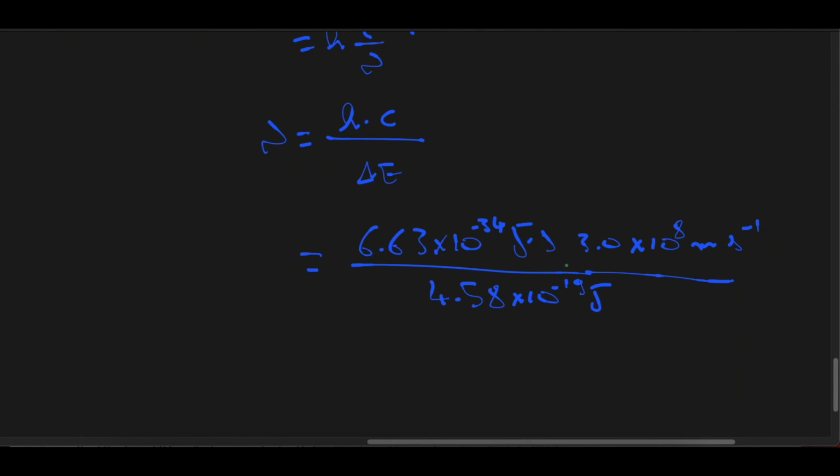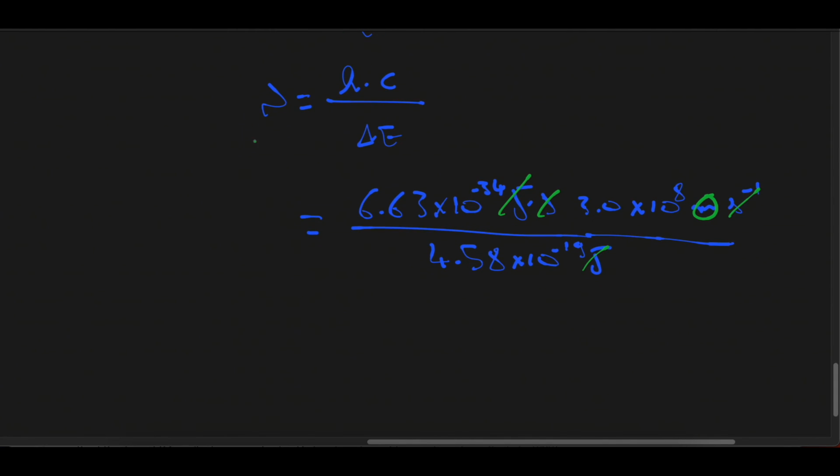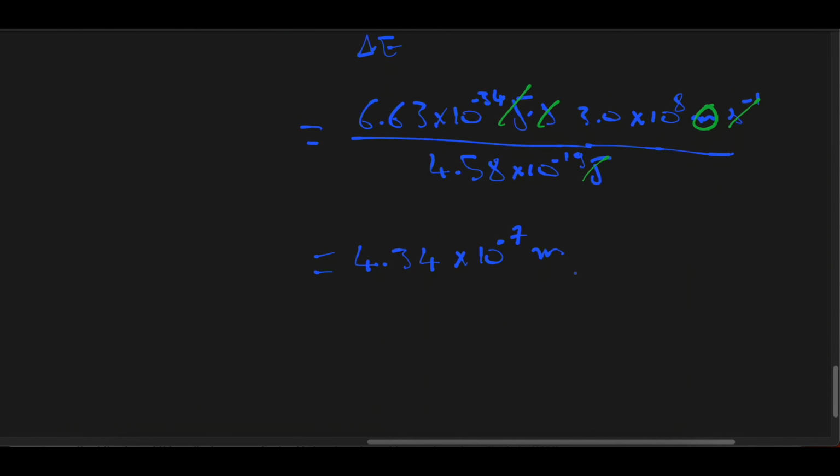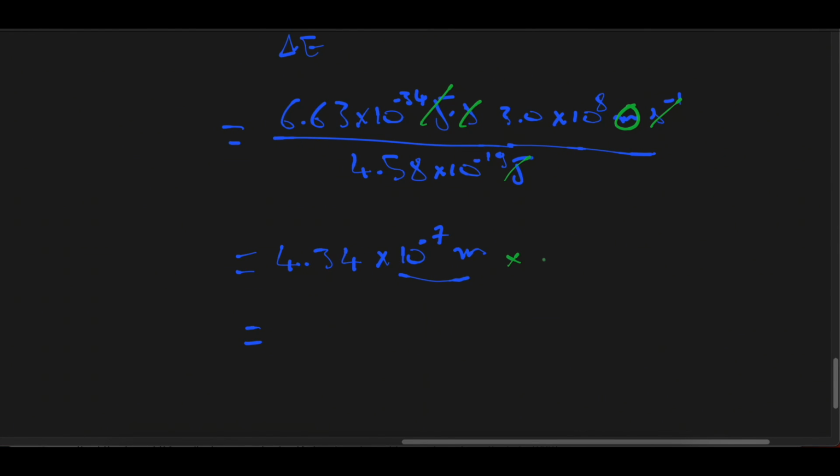So we can cancel the joule second and we get a value in meters, which is equal to 4.34 times 10 to the negative 7 meters. But this is a very small value, so we convert to nanometers.